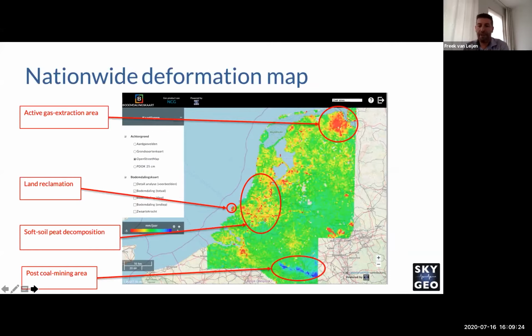Now, there's a lot happening around us, also in the Netherlands, and these are just a couple of examples of what kind of motion you can see in such an area. Different phenomena can cause surface motion. For instance, in the Netherlands, we have gas extraction, and reclaimed land areas, where there used to be sea and now there's land. We have soft soils, such as very old peat soils that still show compaction.